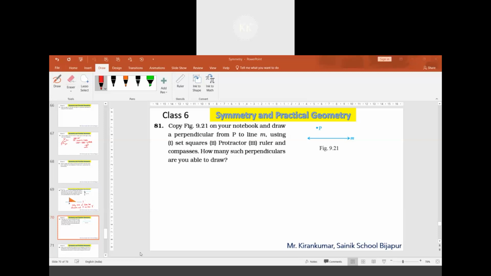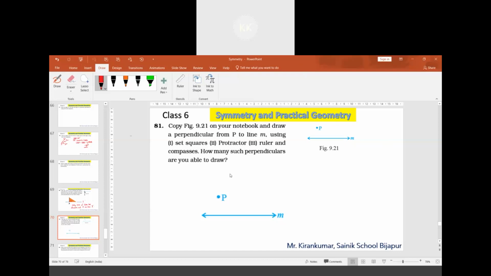So let me take this. By joining P, we can make a perpendicular. Yes, you can do it. Using a set square you can do it easily.